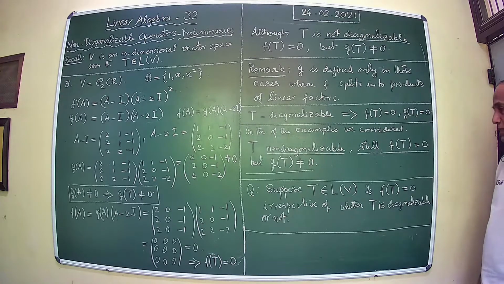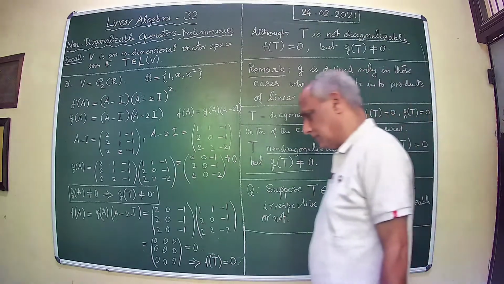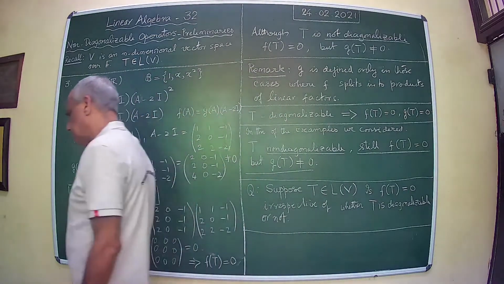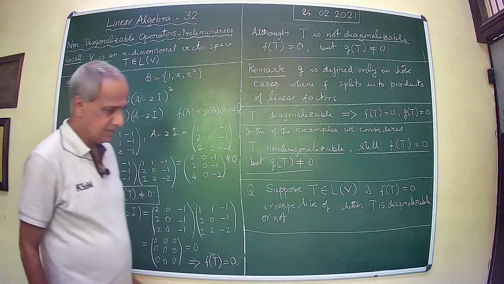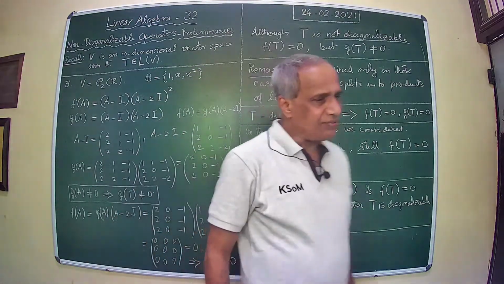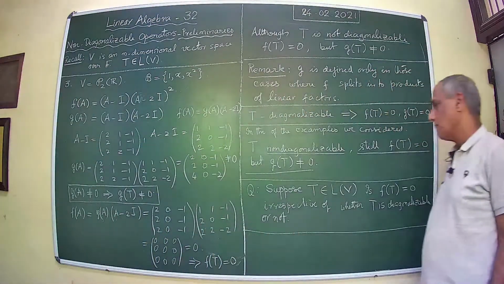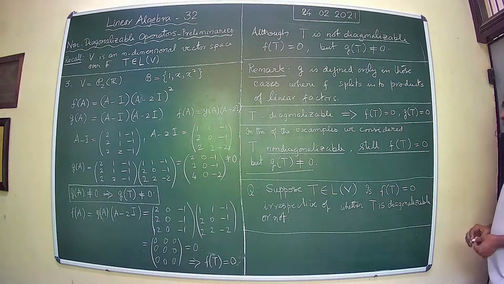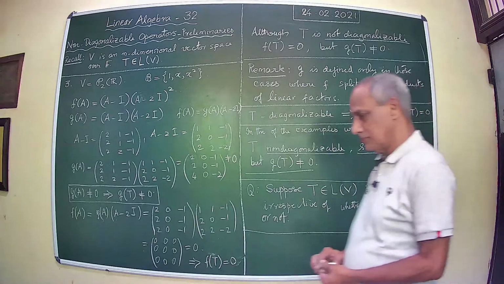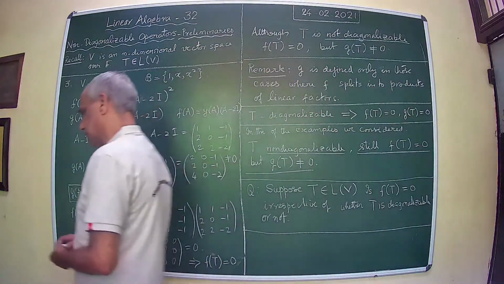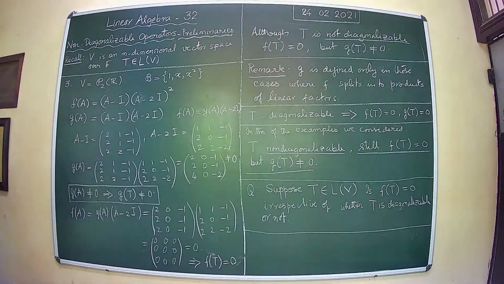Okay. A second question is: is there any way the structure of f suggesting diagonalizability?